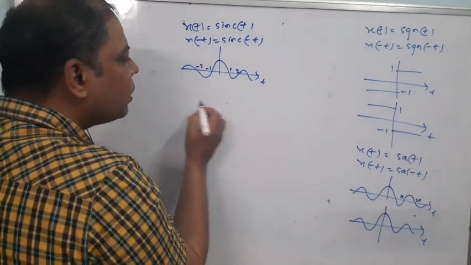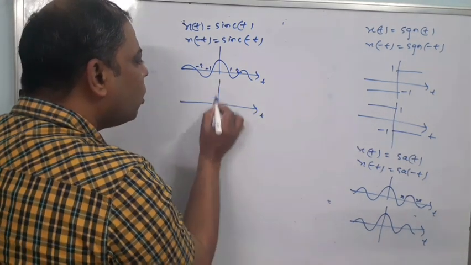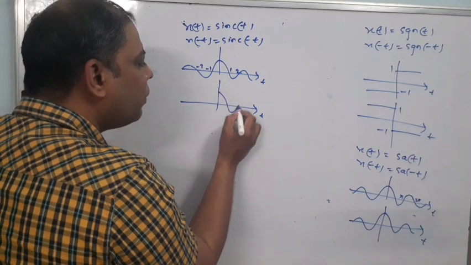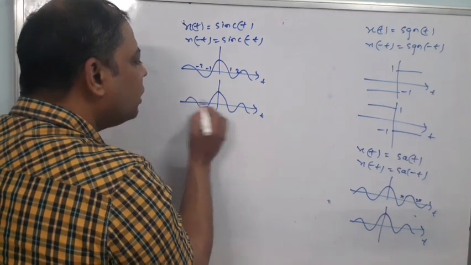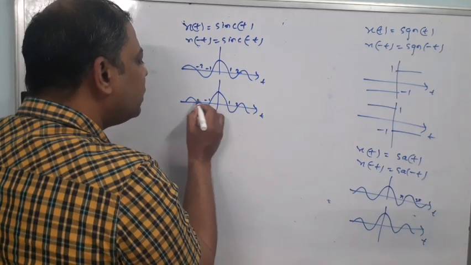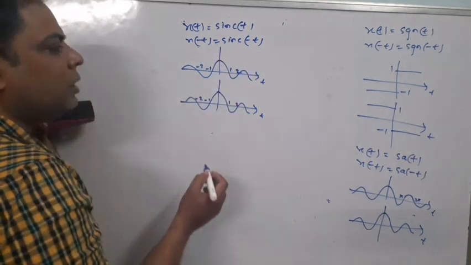If you put a mirror over this axis, you will find the same reflection, same shape. This is 1, this is 2, this is -1, this is -2. So this is your sinc(-t).